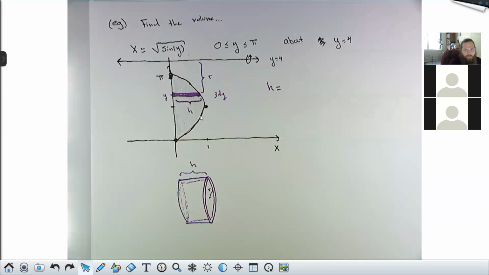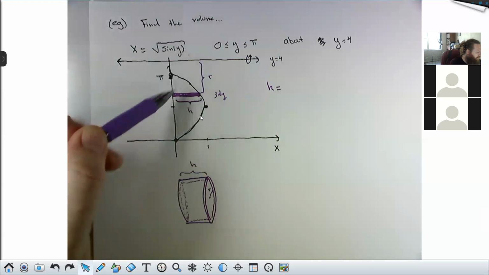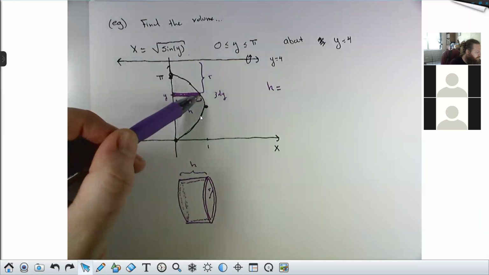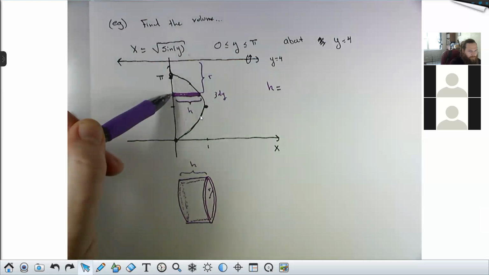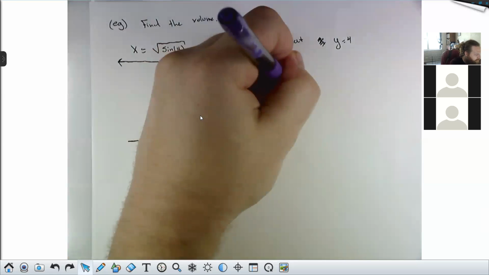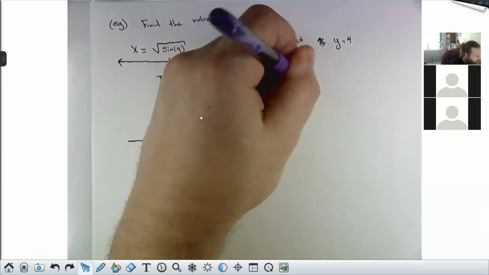Square root of sine y. Very good, right? It's the x value here minus the x value here. The x value here is the square root of sine y, and the x value here is 0 because you're along the y-axis. So the height is the square root of the sine of y.